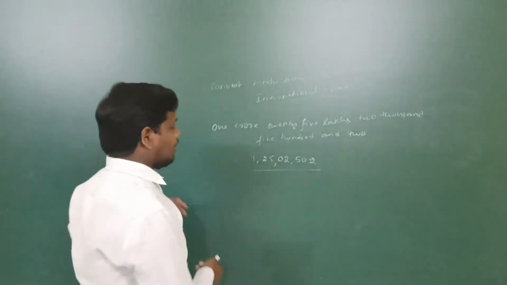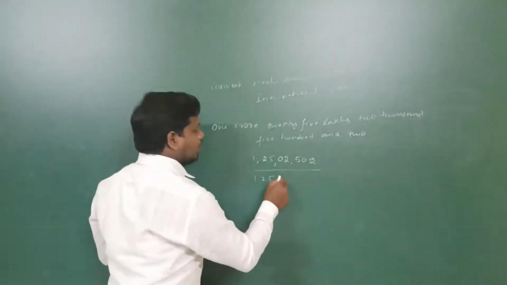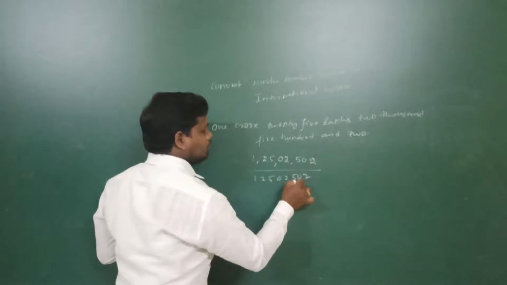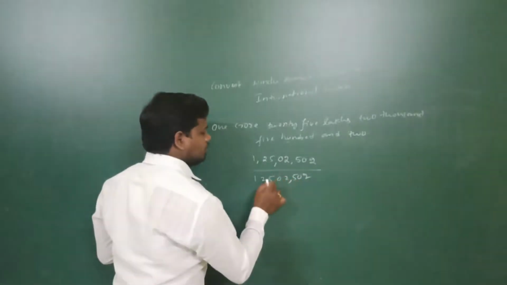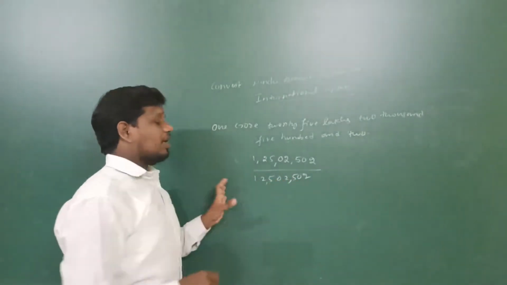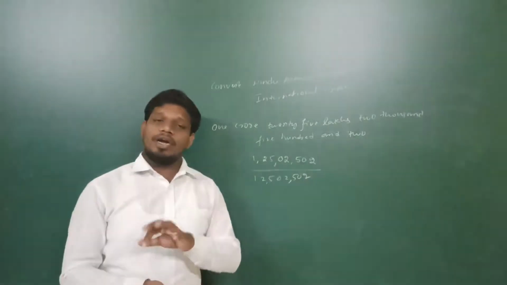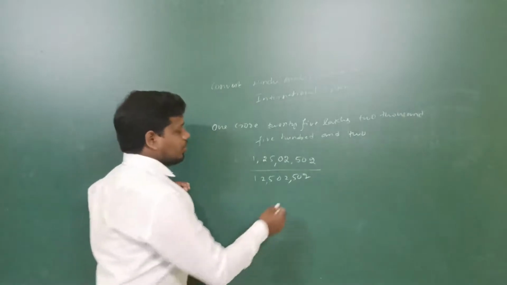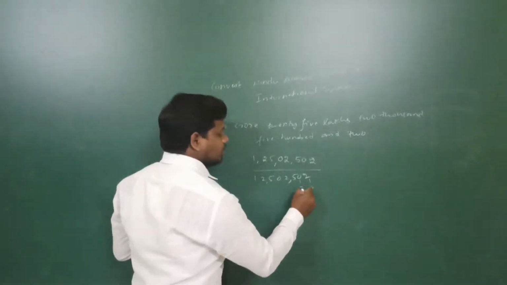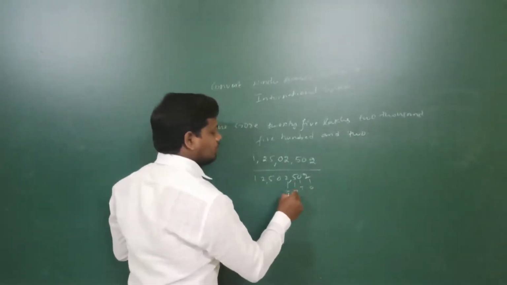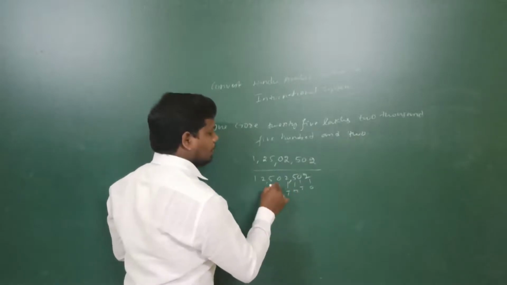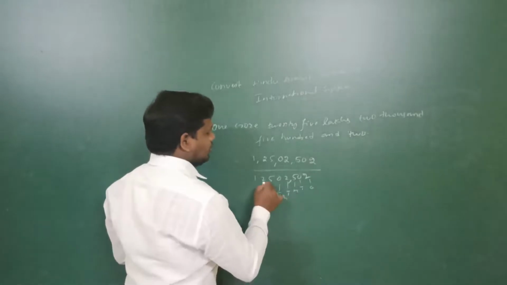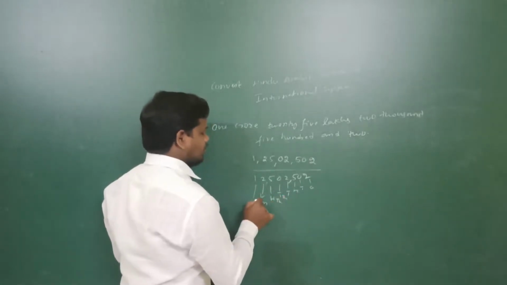How? The simple way: 12502... Simply count 3 digits, 1, 2, 3, and again count 3 digits, and leave the remaining. If 1 is there, leave 1; if 2 are there, leave 2. Now these are ones, tens, hundreds, thousands, 10,000s, then 100,000s, millions, 10 millions.